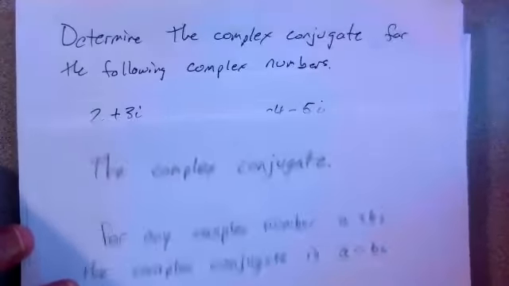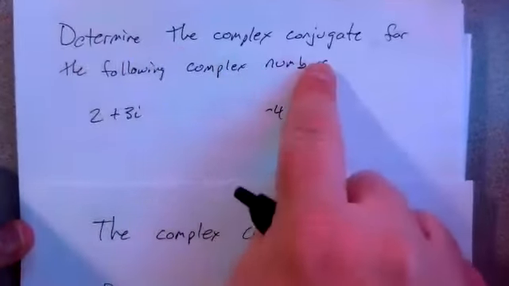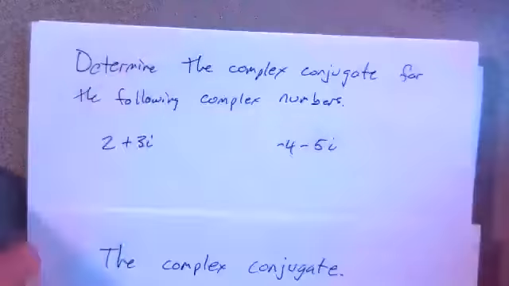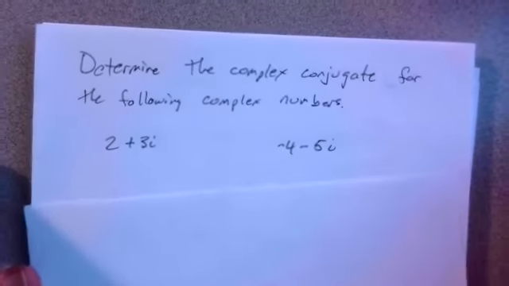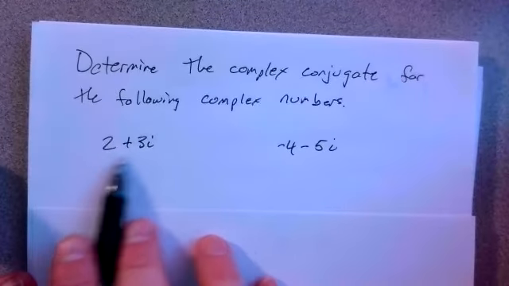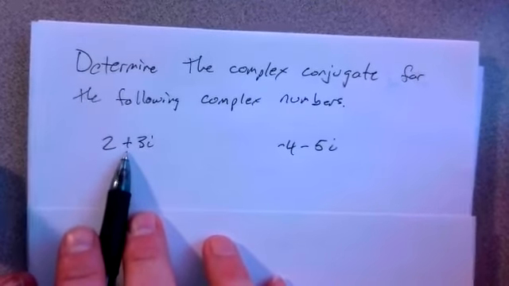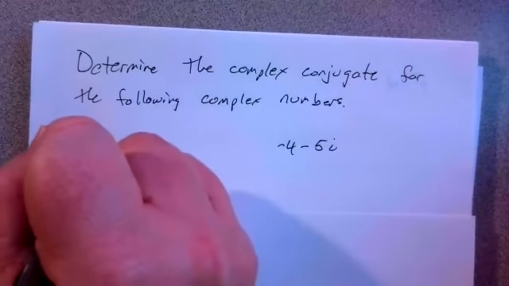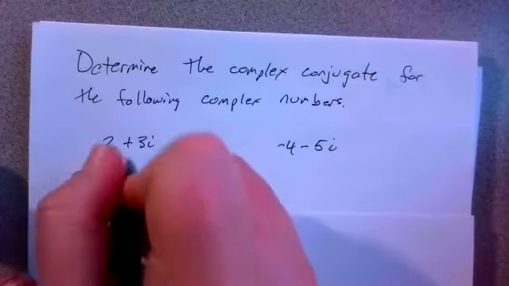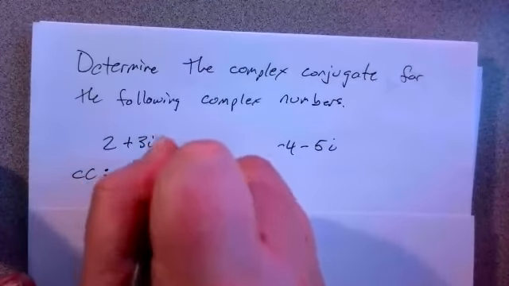Okay, let's take a look at something, the complex conjugate. What will this look like? The directions here say determine the complex conjugate for the following numbers. For 2 plus 3i, the complex conjugate is going to be 2 minus 3i.